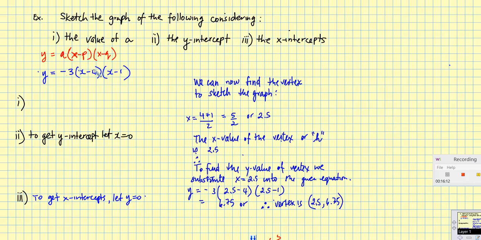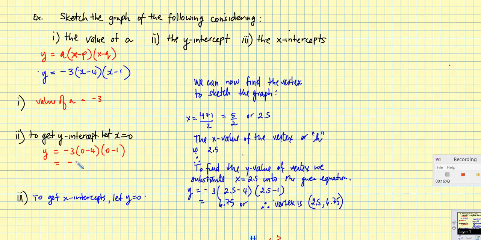But we can automatically also say what our vertical stretch is. We know that our value of A, or the vertical stretch, is equal to negative 3. Now, if we want to get the y-intercept, we let x equal 0. So y is equal to negative 3 times 0 minus 4 times 0 minus 1.